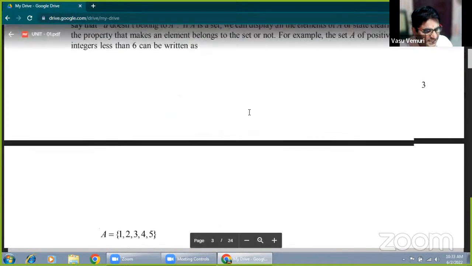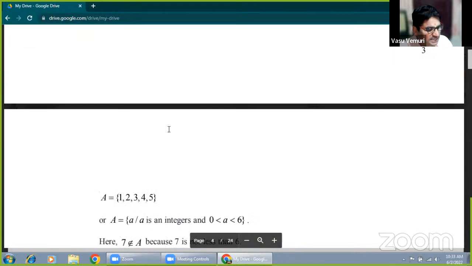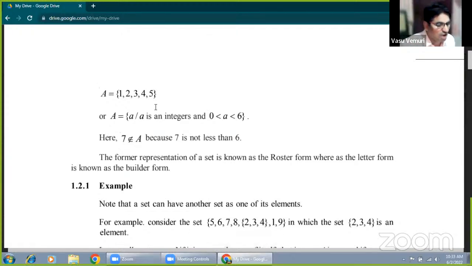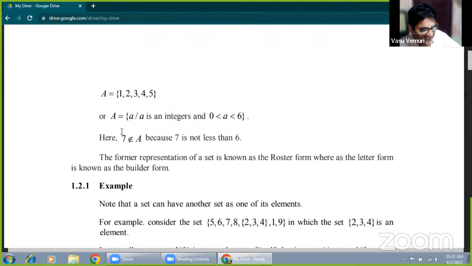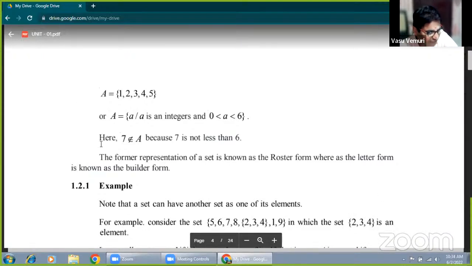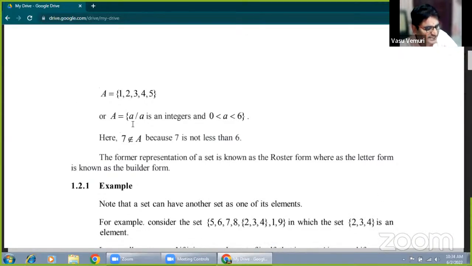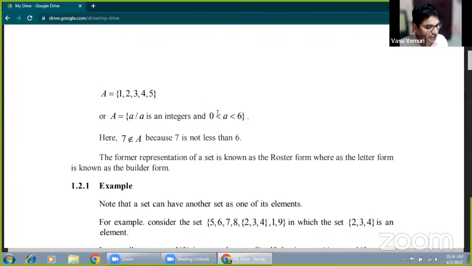Those objects are denoted by alphabetical elements or numerical elements. Especially here, capital A equals the set of 1, 2, 3, 4, 5. These are all 5 elements given in the set. In the same manner, capital A equals the set of elements a, where a is any one of the integers that lies between, greater than 0 but less than 6.